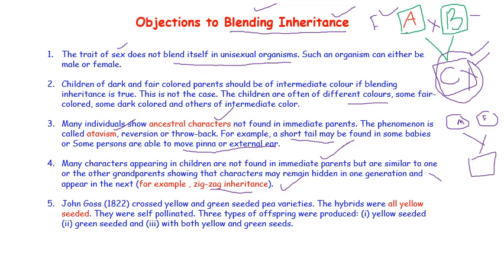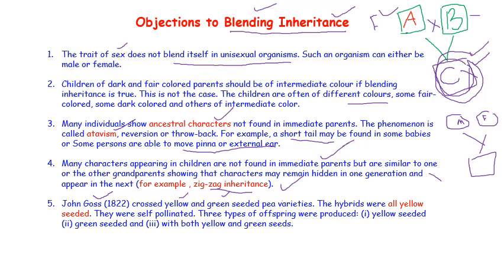Another objection is that a scientist called John Goss crossed yellow and green seeded pea varieties. According to blending inheritance, the offspring should be somewhat intermediate between yellow and green, so the offspring should have seeds of an intermediate color.